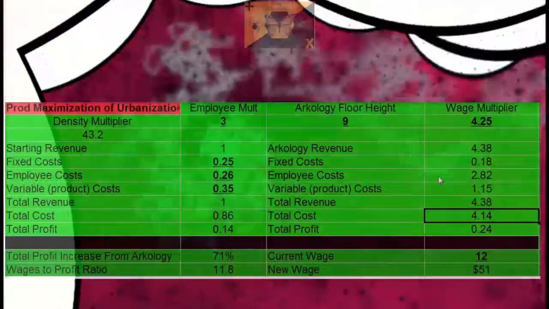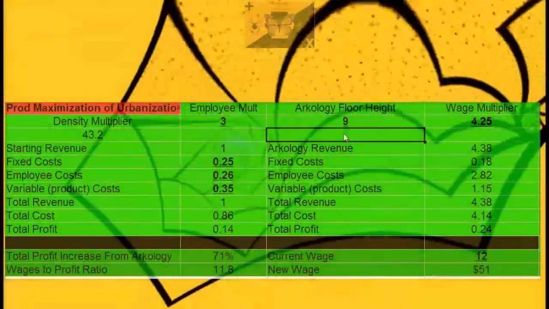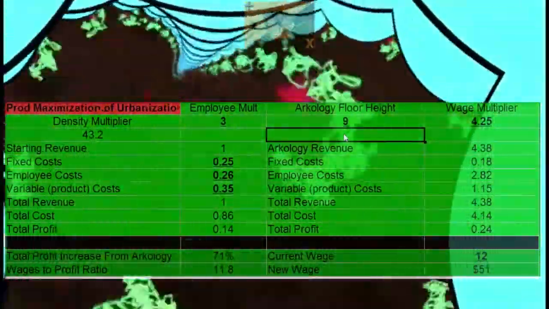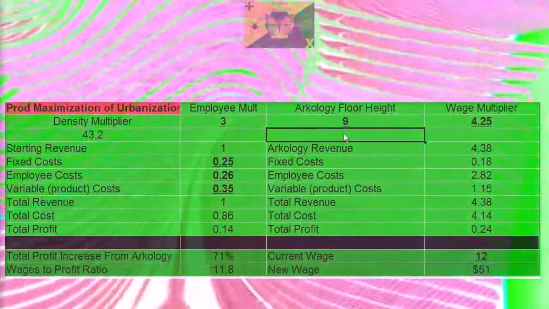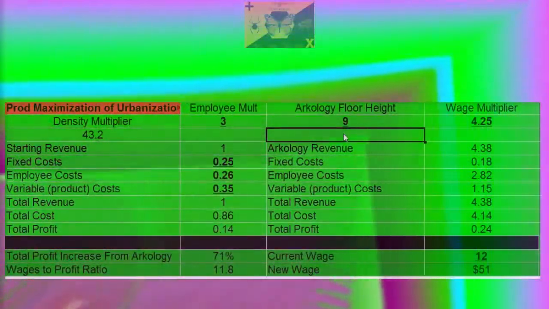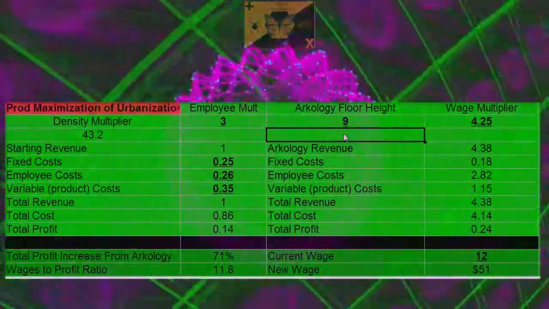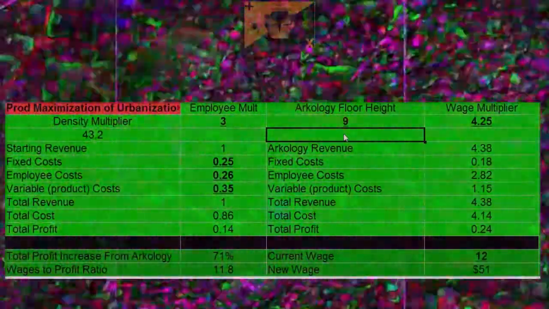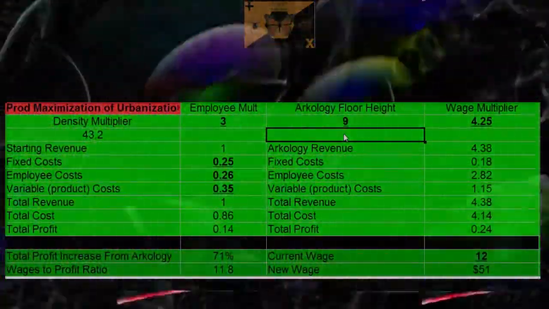So yeah, this is just showing you really what kind of wages you can expect in Arkology. We're talking $50 to $100 an hour potentially, and you'll get worked pretty hard. But goddamn, if you have an 8-hour shift at $100 an hour, wow, that's like 4 months rent in one shift.